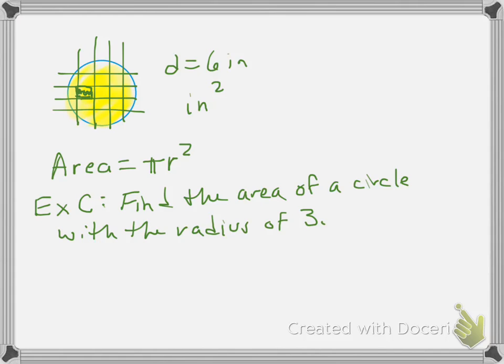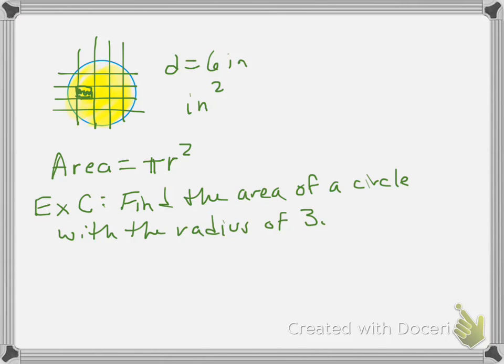And I do want to point out, I'm just going to pause because I thought of this. Circumference had 2 formulas that were the same thing, just written differently. One used diameter and one used radius. With area you have to use the radius. It doesn't work with diameter. So if you're given diameter in a story problem, you need to divide it by 2 to use the radius and then use the area formula, okay?